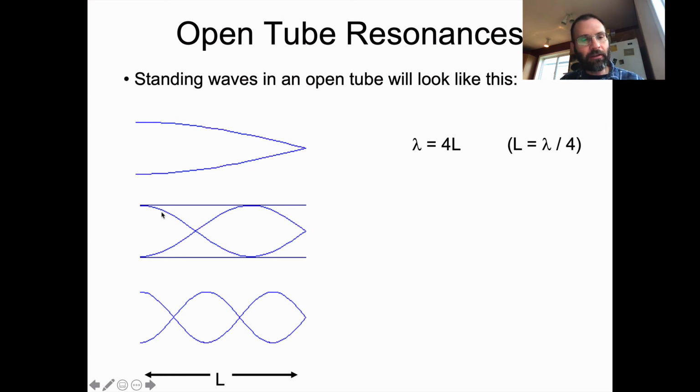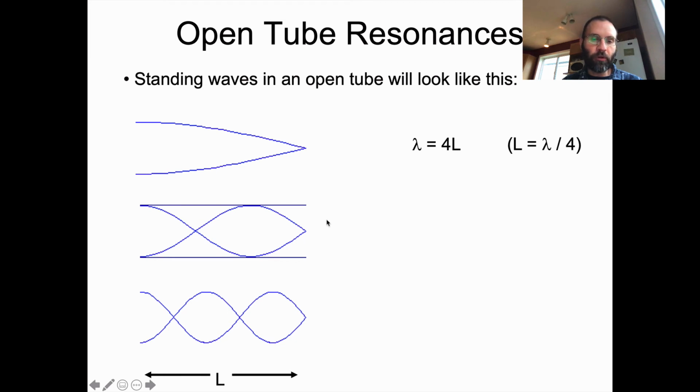The pattern you get for the second resonance is similar in that you have this antinode at the loudspeaker or glottis end, and then you have this node at the open or lips end. And what's getting added on here is another loop kind of in the middle. So you go down from an antinode to a node to an antinode, and you get back up to a node. You're not quite getting all the way through the whole wavelength of the standing wave.